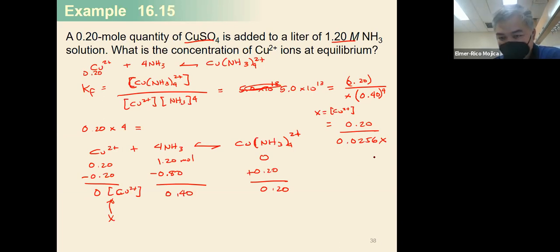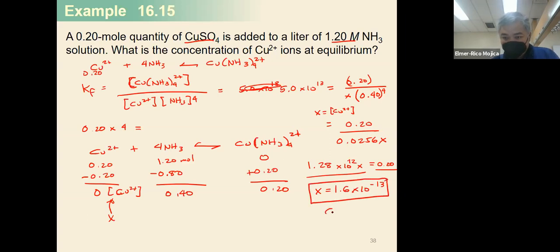Times 5. Which is 0.20 divided by the 1.28. I get around 1.6 times 10 to the negative 13. That's what you get? Yes. So it doesn't really go to 0. It just goes to a small value.